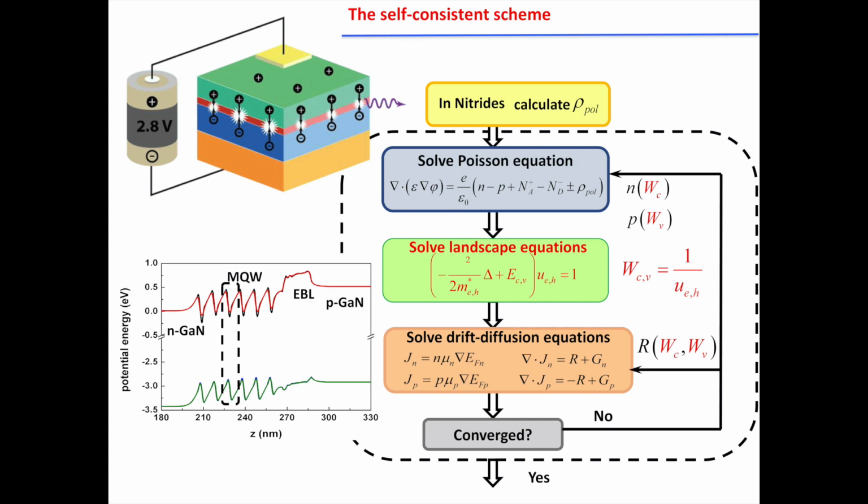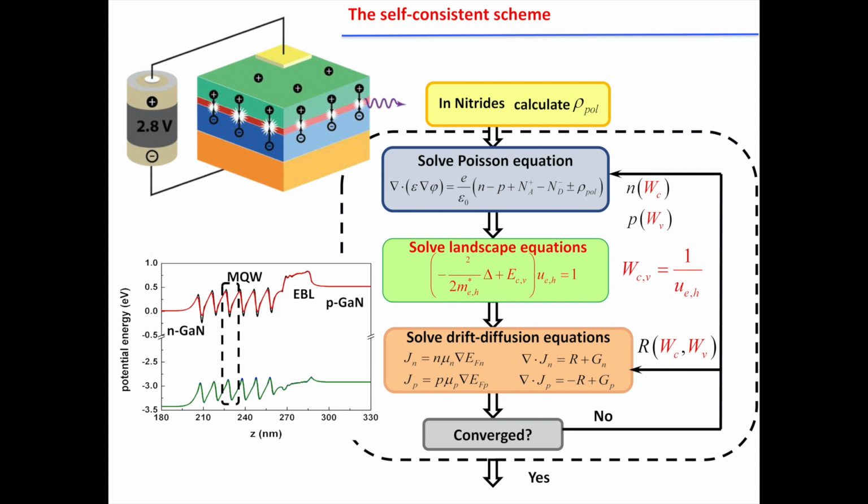When we do that, we look if the potential we get in the end is the one we had at the beginning. If it was not, we have to use the new charges and potentials to compute again the landscape and the drift diffusion equations, and see if the charges we get now correspond to the initial potential.